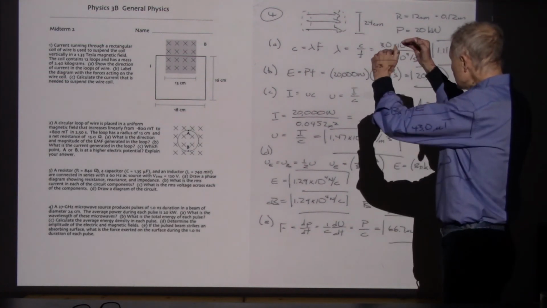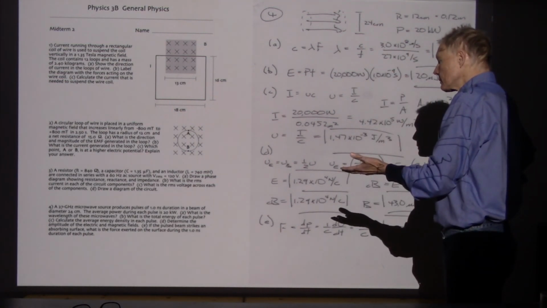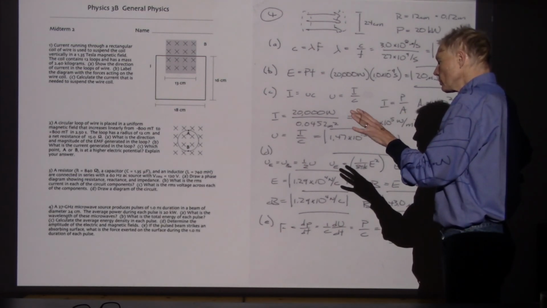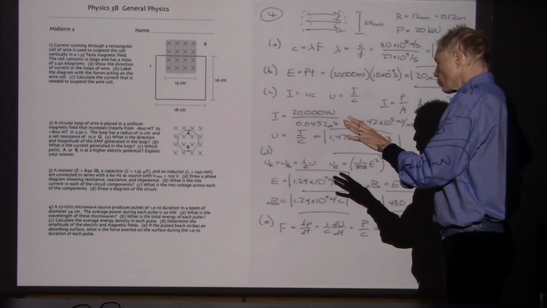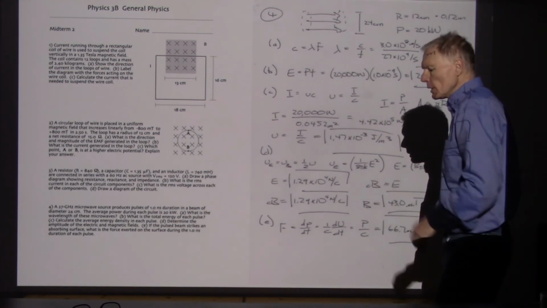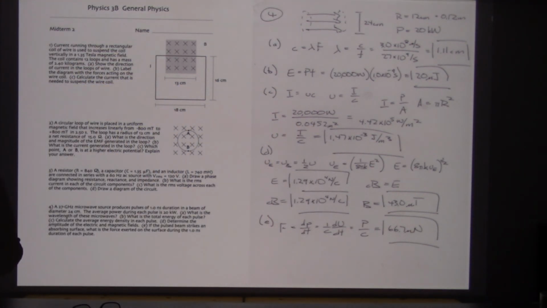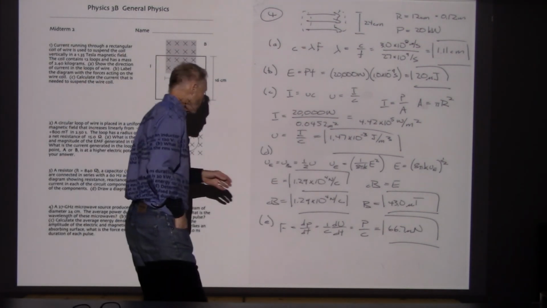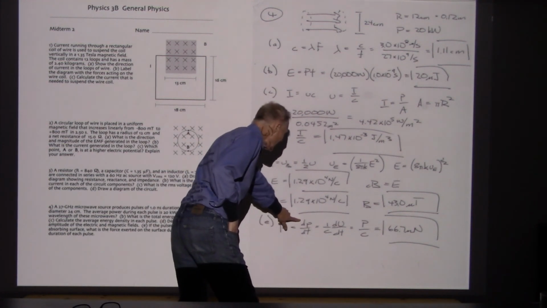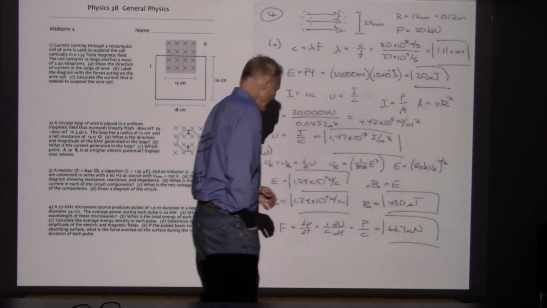Finally, in part E, A, B, C, D, E, if these microwaves strike an absorbing surface, how much force would they exert? Now, when we have an absorbing surface, the idea there is that the surface absorbs all of the momentum. So to calculate the force, what we're going to do is find out the rate at which momentum is being absorbed by that surface.